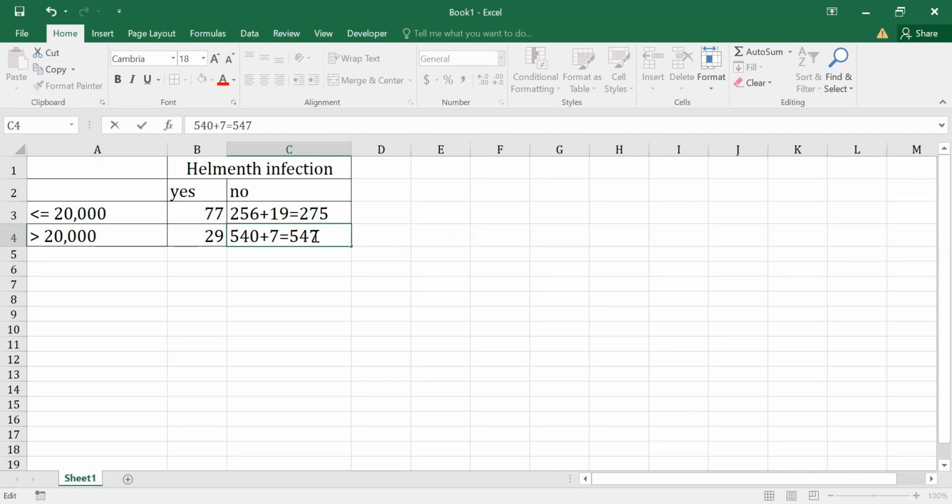So if we calculate using the current figures, do we still get 928? Let's see, because that was the sample. Because he took all the stool samples that the other person had used. Then we say 77 plus 29 plus 275 plus 547 is 928. So our sample size still remains. What has changed is we have just corrected the miscalculation.